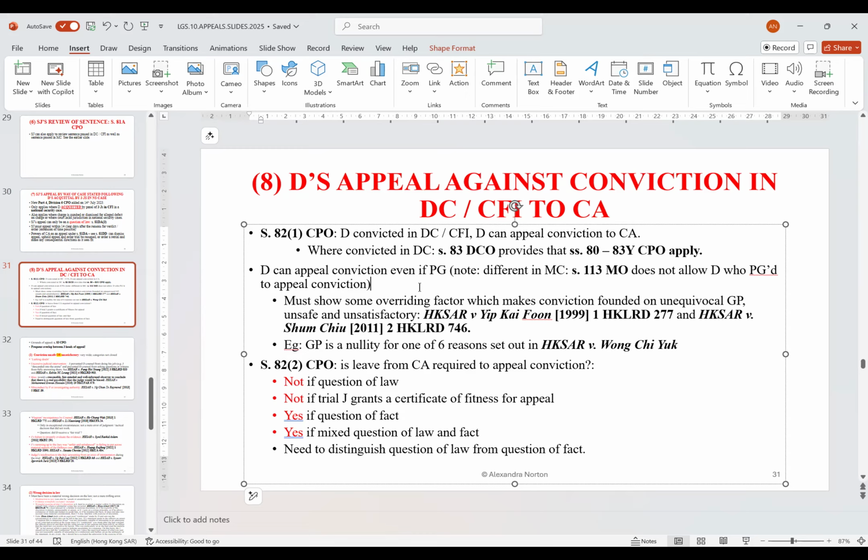A question of law is something which only involves a ground of appeal on a matter of law, so a wrong decision in law. On the other hand, a question of fact is, for example, were the defendant's fingerprints found on the murder weapon? Did the police officer threaten the defendant?